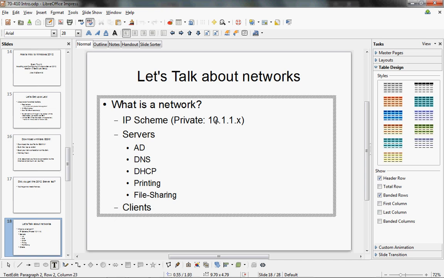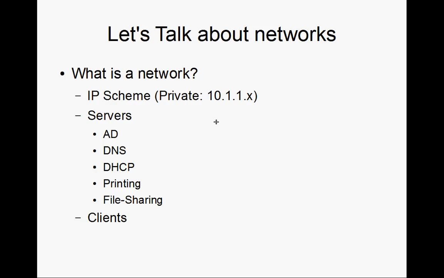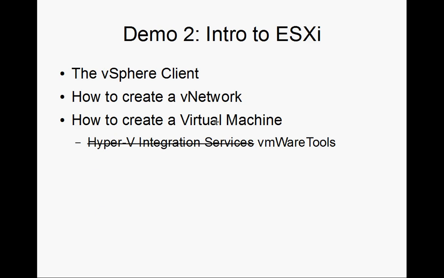Demo 2, the introduction to ESXi, I guess I really should have gone over that. And you'll notice I've got the Hyper-V integration services here replaced with VMware tools. Just to review ESXi again.